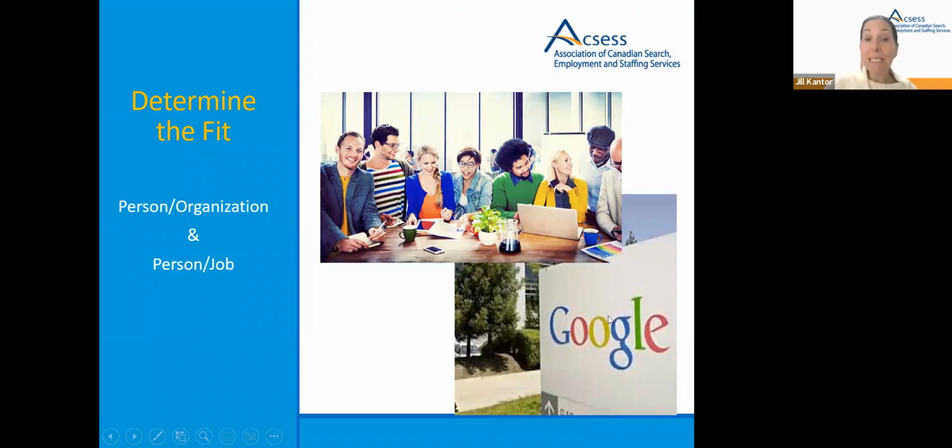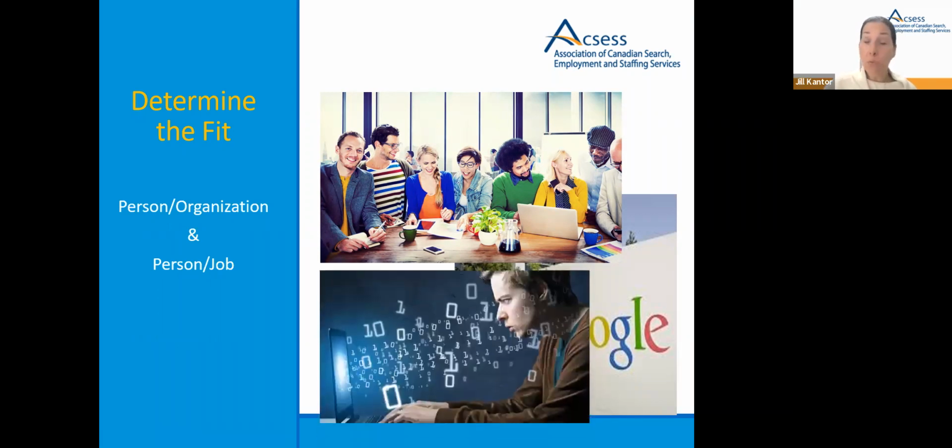Maybe they like the idea of that infamous Google culture. Maybe they don't like that idea. Maybe they prefer to be somebody who's working at home remotely and just head down and focused on their work. So we've got to really be making sure we're asking those questions. As tempting as it is to squish a square peg into a round hole, that's only going to work against us in the long term.